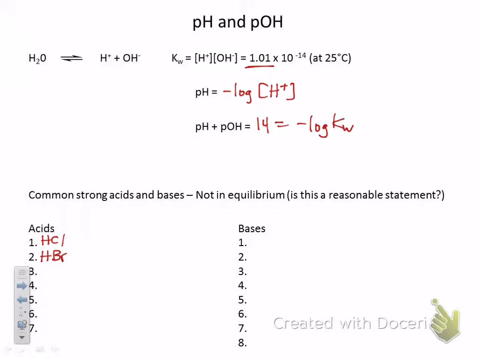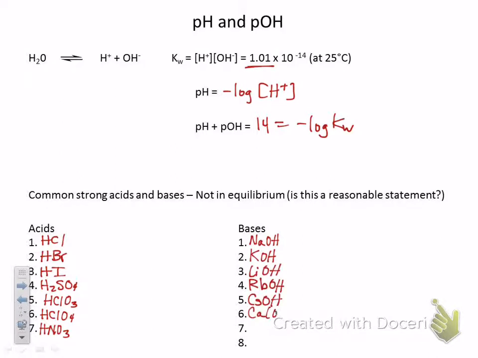So we have hydrochloric acid, hydrobromic, hydroiodic, sulfuric, chloric, perchloric, and nitric for our acids. Then you'll notice in the bases we have sodium hydroxide, potassium hydroxide, lithium hydroxide, rubidium hydroxide, cesium hydroxide, calcium hydroxide, strontium hydroxide, and barium hydroxide.